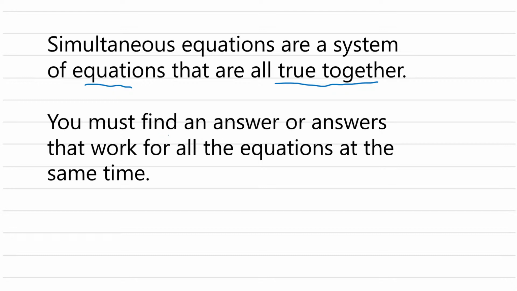You must find an answer or answers that work for all the equations at the same time. So for example, you might have y equals 2x plus 4 and another equation that says y equals 6x minus 2, for example, or minus 6x minus 2. And then you will need to solve these 2 equations and find an answer that satisfies both equations.